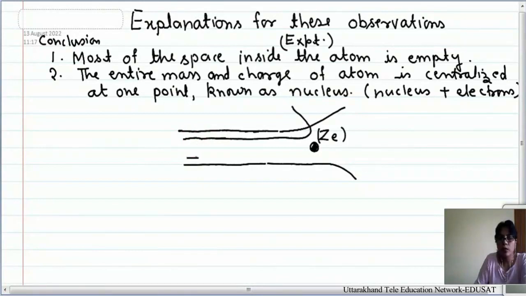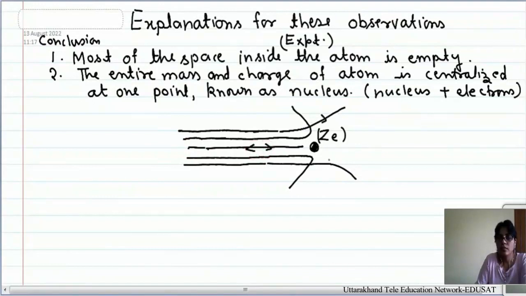And if it is a head-on collision, then it may go back in the opposite direction. So these are the scattering paths.